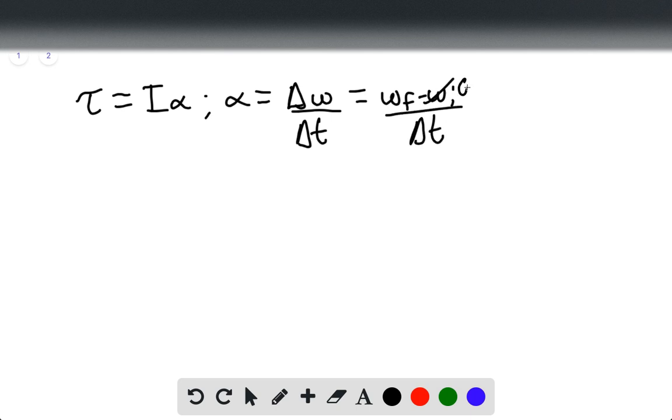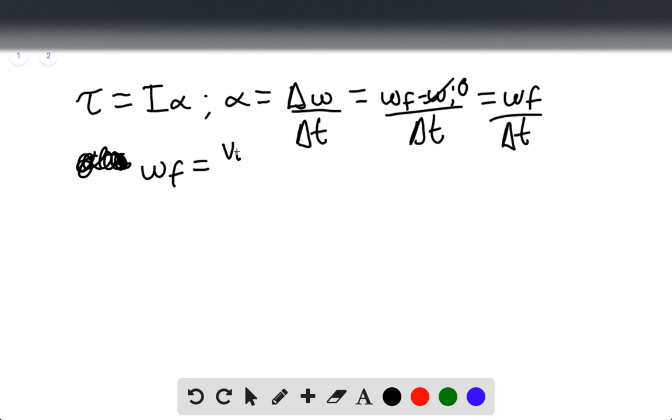We know that omega initial is 0, so this is simply going to be omega final over delta t, and we know that omega final equals simply v final over r. So we can say that alpha is equaling v over r delta t.